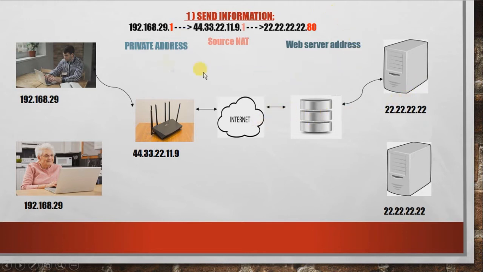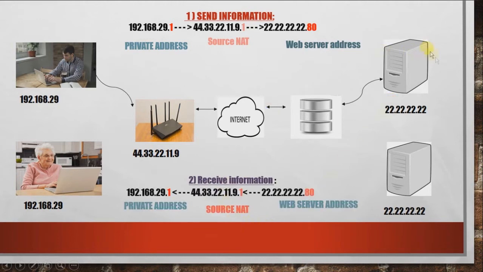After we start to send information, we also receive information. That is how it progresses. Let's say from 22.22.22.22:80, this is where the information is received. 80 is the port number of the web server address.